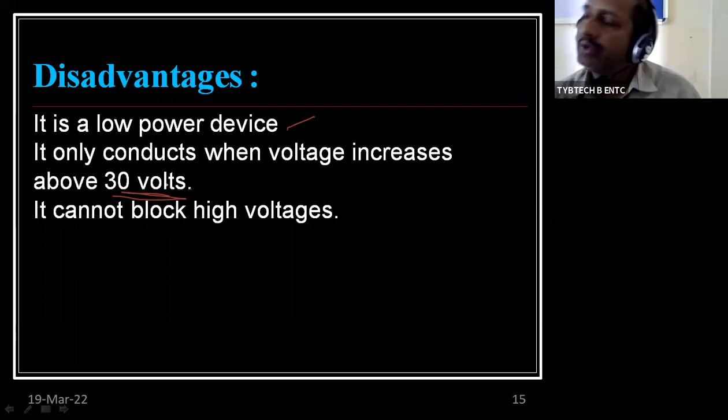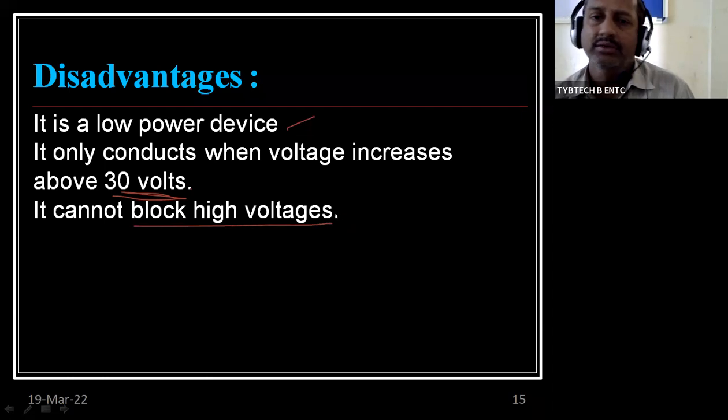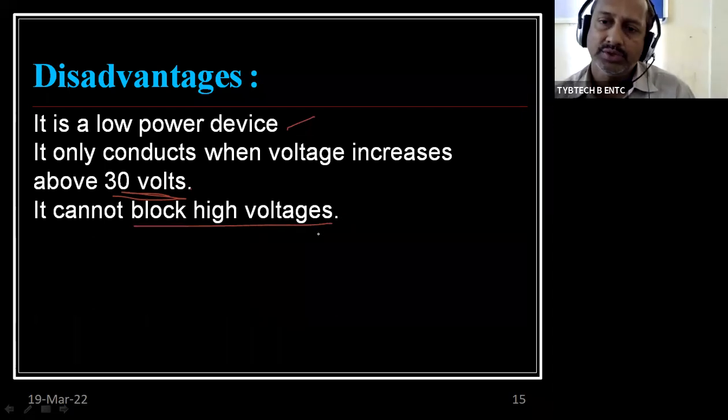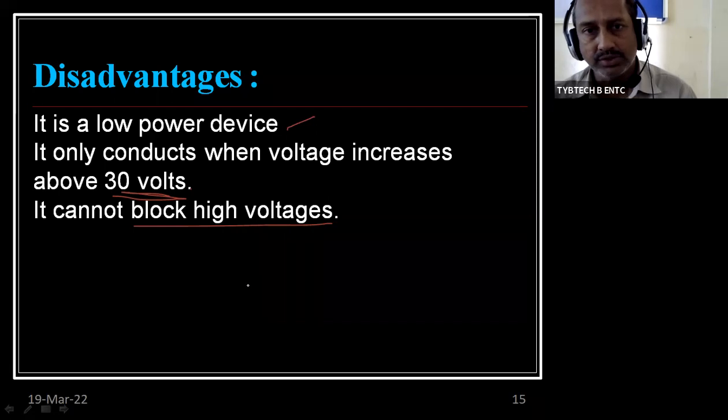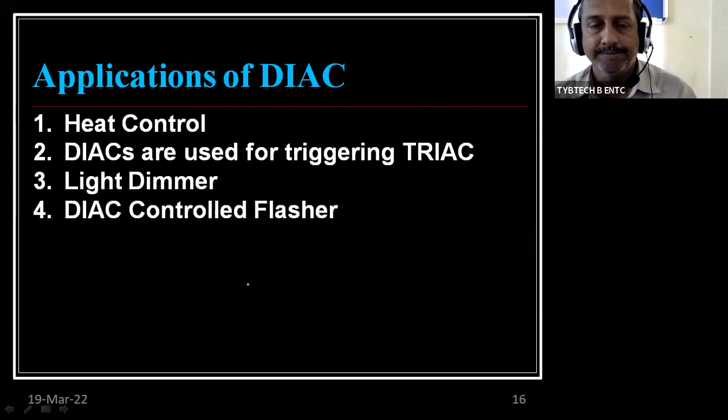It means your voltage should compulsorily be more than 30 volt to make the DIAC on. This is the limitation. And it cannot block high voltage. It requires a minimum of 30 volt, so it cannot block high voltage. That is also one of the disadvantages of DIAC.